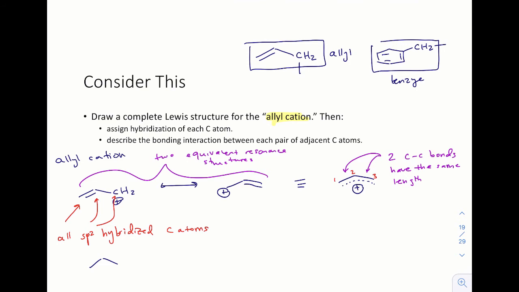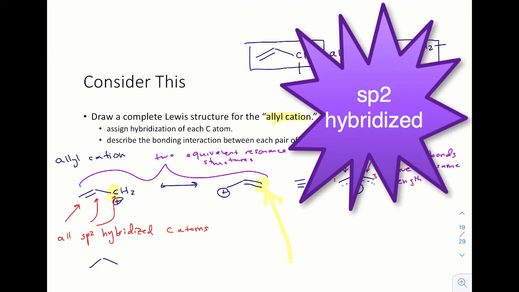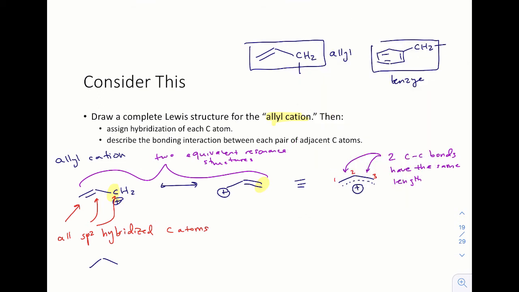If this carbon atom is sp2 hybridized in this resonance structure, it is also sp2 hybridized in this resonance structure. It is sp2 hybridized in all ways that we discuss and describe this molecule, right? Individual resonance structures are imperfect. Molecules are described by a composite of all reasonable resonance structures.